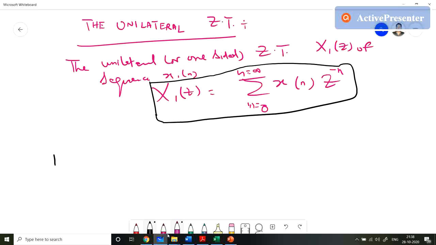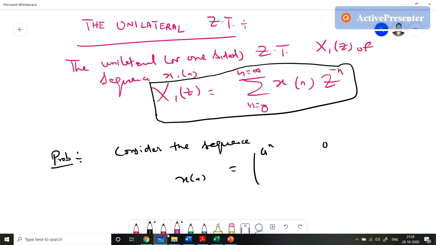So let us solve one problem. Consider the sequence x(n) equals a raised to the power n when small n is between 0 and N minus 1, with a greater than 0, and equals 0 otherwise.